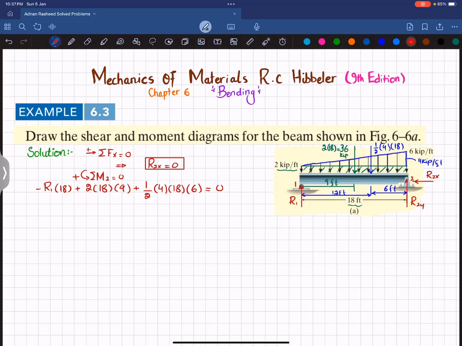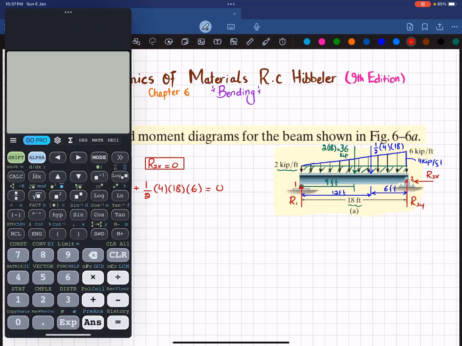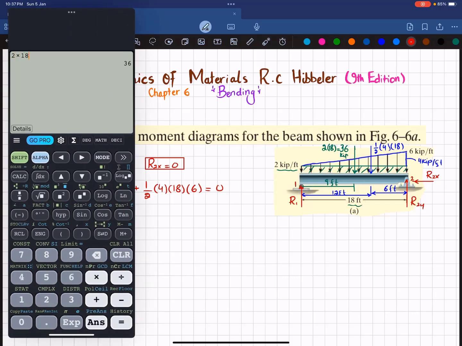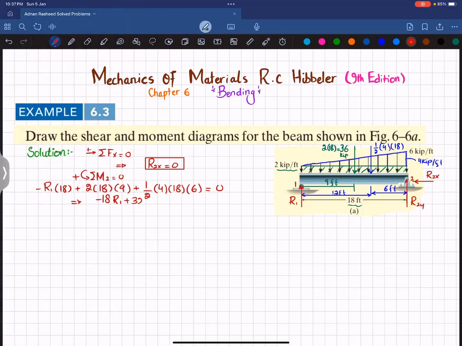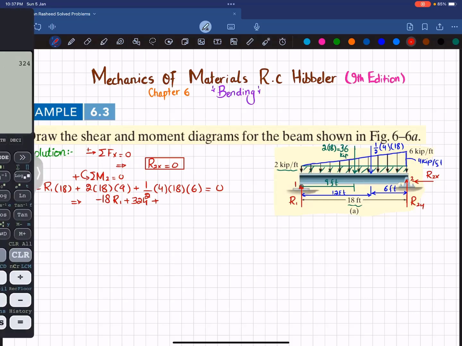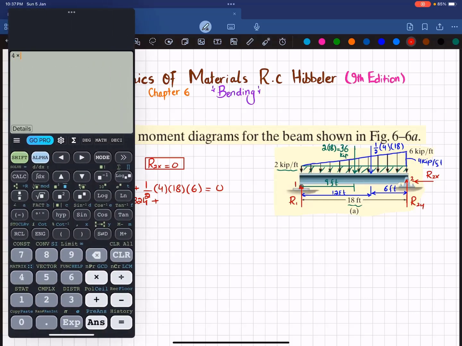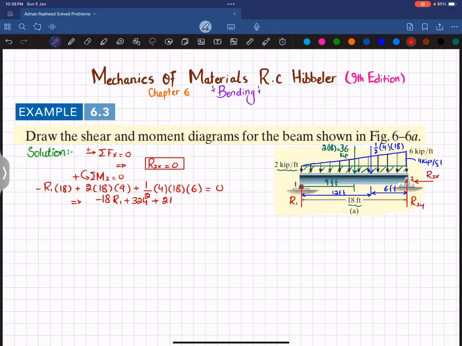Now we will get minus 18 R1 plus 2 multiplied by 18 multiplied by 9, which is 324. So 324 plus 4 into 18 multiplied by 6 divided by 2, which is 216, is equal to 0.